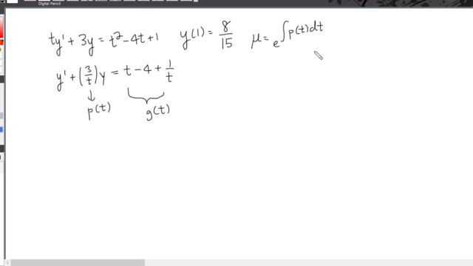which is just e to the power of the integral of 3 times dt over t. Or in other words, e to the power of 3 ln t, which is also e to the power of ln, or the natural log of t cubed, which is just t cubed.